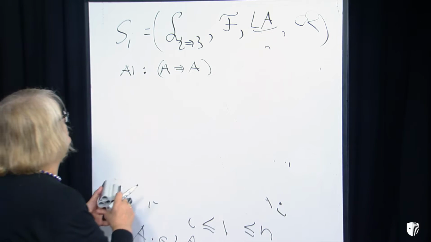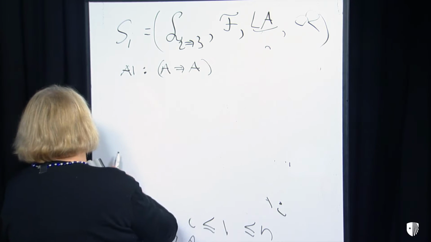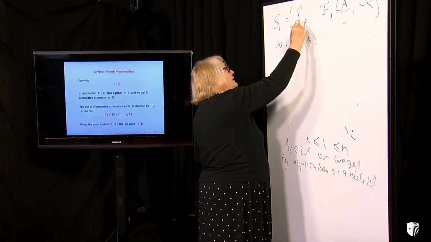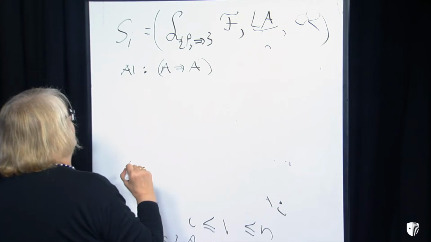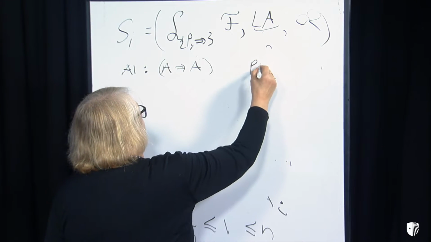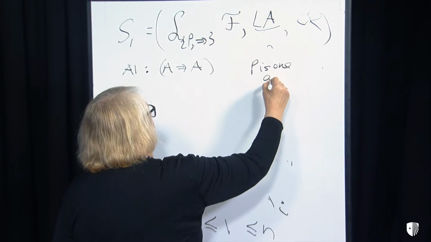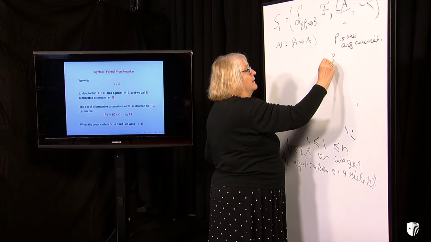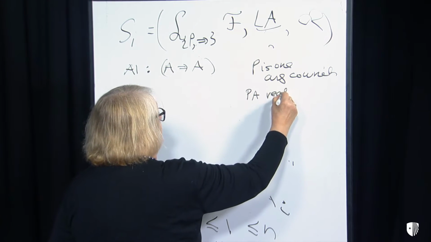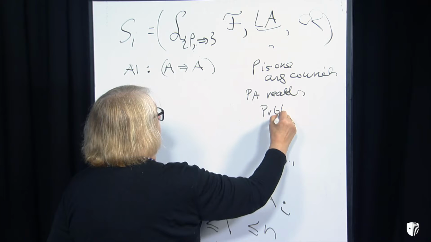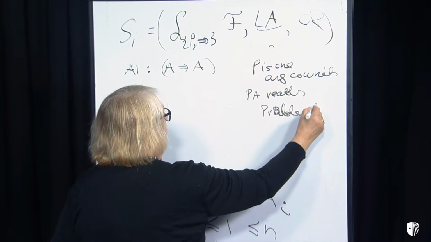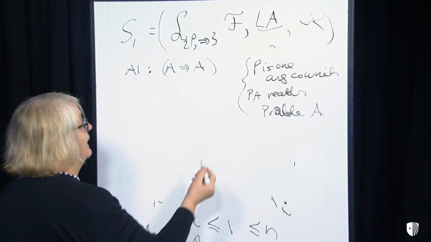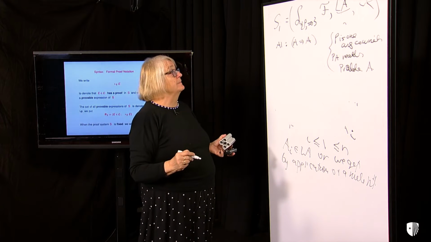Oh, I have the language, wait, let's do the language. I have two connectives, P and implication, where P is a one-argument connective. PA reads, for example, provable A, whatever. It's your symbol for whatever you want to read, and implication is a two-argument connective.